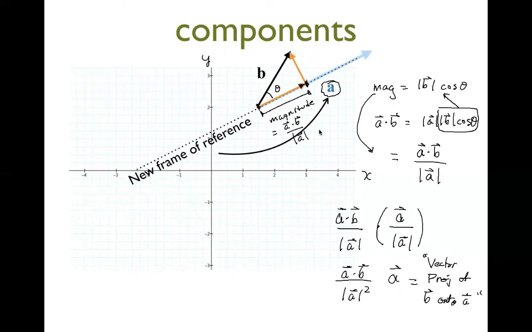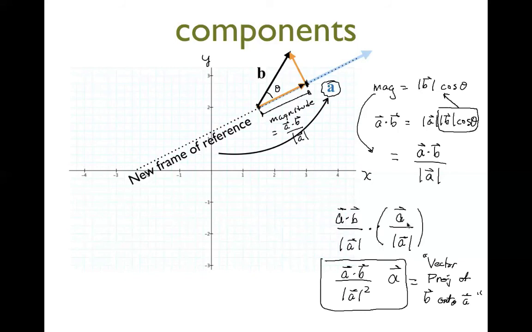Right. So the right side of that problem, vector A over the absolute value of A, that's the unit vector in the direction of A. This whole thing is the orange vector we're looking for. Remember how to do that?